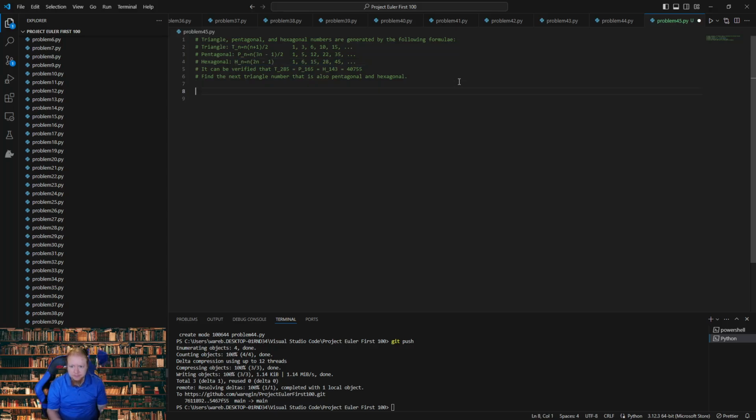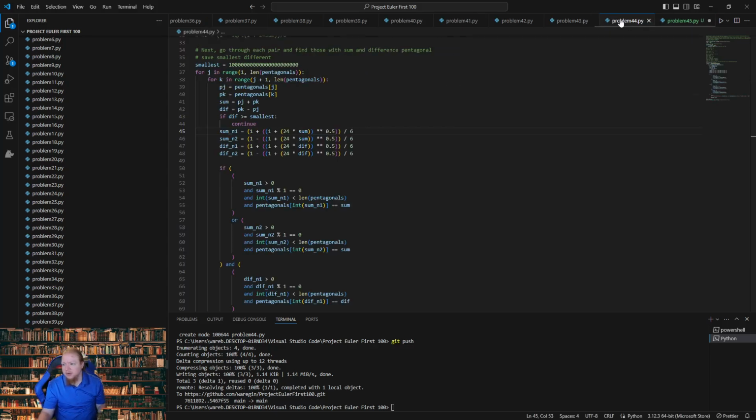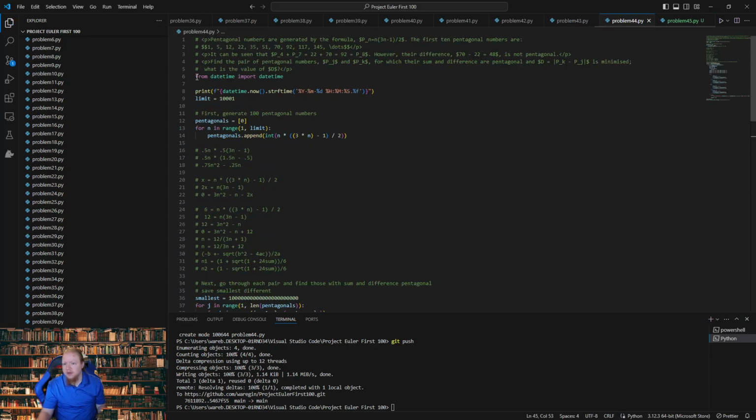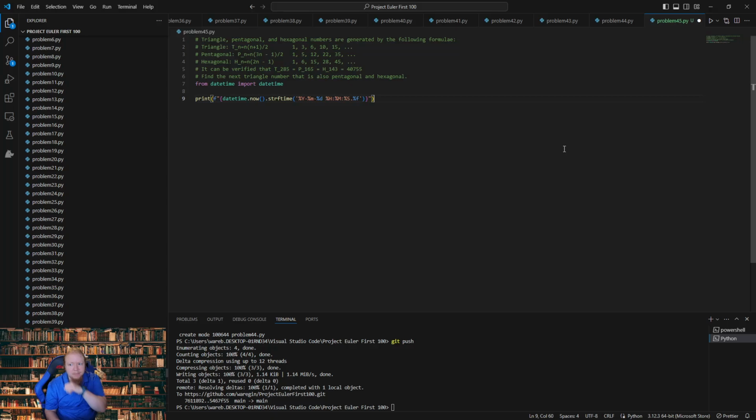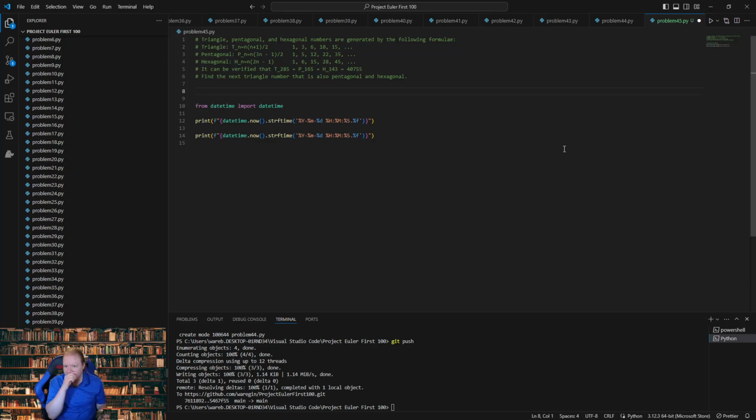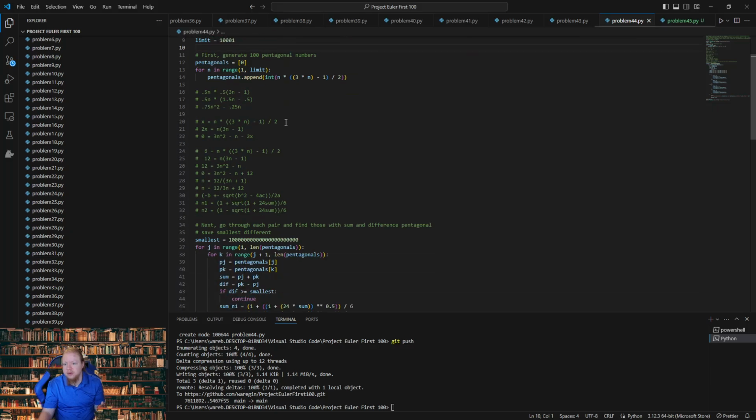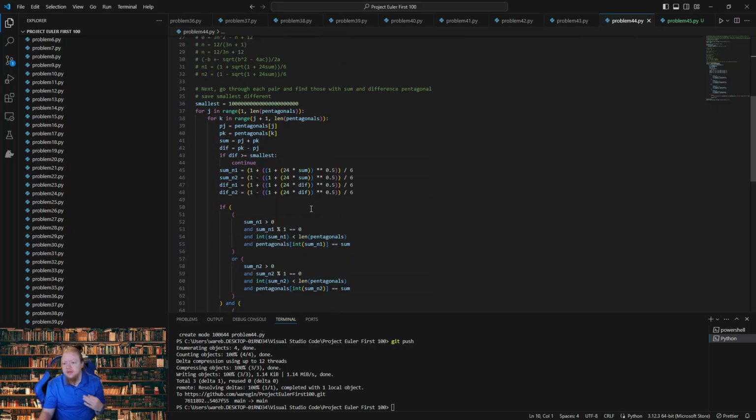Well, I suppose the very, very first thing we want is to grab these 2 lines. That way I don't have to copy them later. But we know from problem 44 that the pentagonal reversal equation is this.